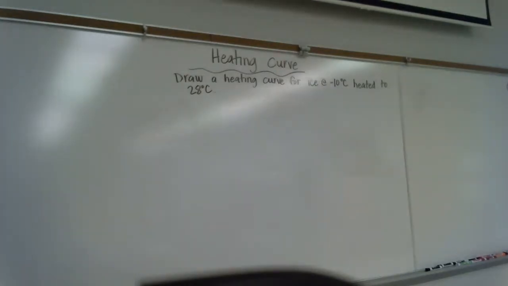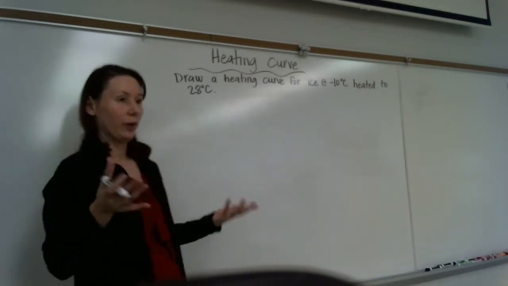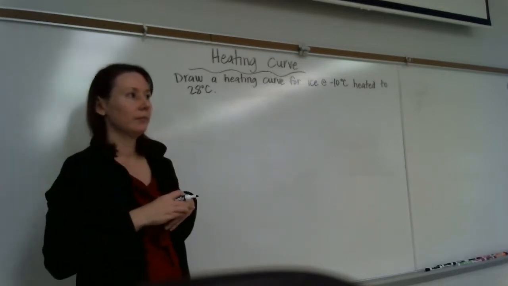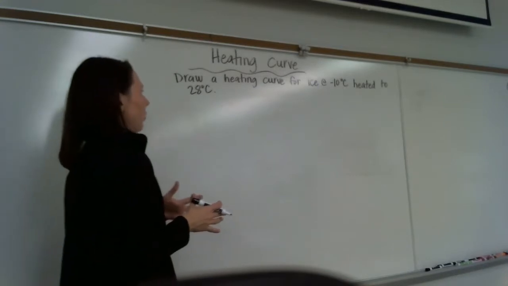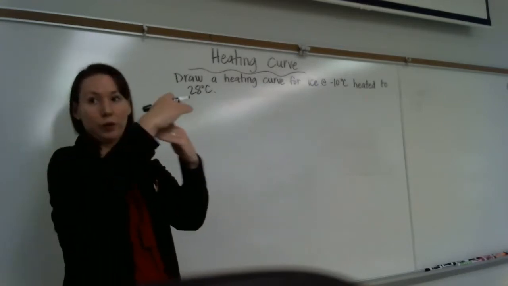Okay, so this does require us to know some basic information about water. What's the freezing point and melting point of water? 0 degrees Celsius, right? So depending on which way you're going, it's melting or it's freezing, right?